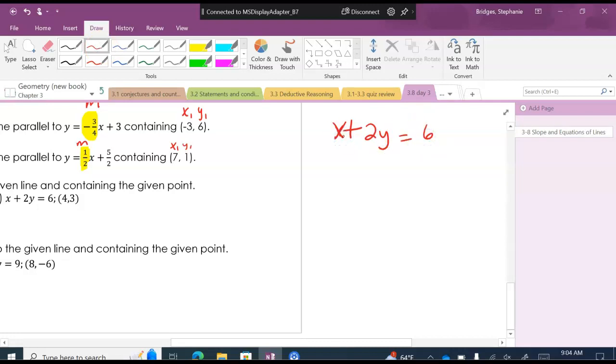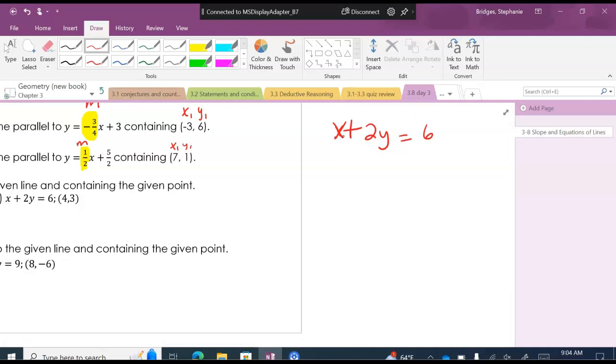I can only pick out my slope if it looks like this or this. Now, I can't make that equation look like this very easily, but what I can do is solve it for y, okay? So sometimes you'll get an equation where you can't just look at it and determine the slope. You're going to have to solve it for y to put it in slope-intercept form so that you can decide what the slope is.